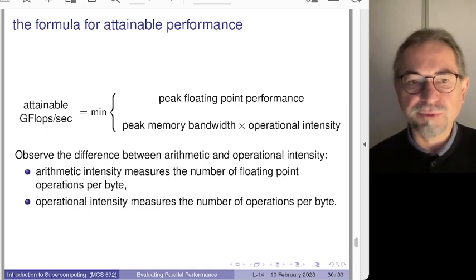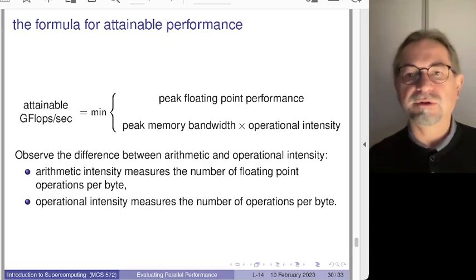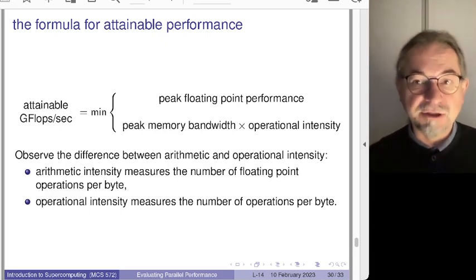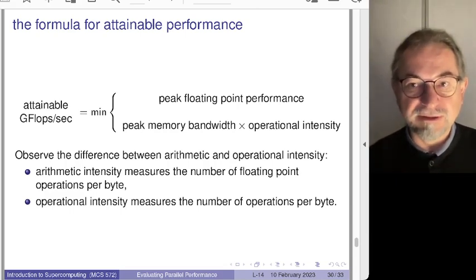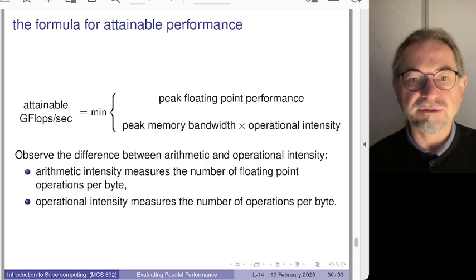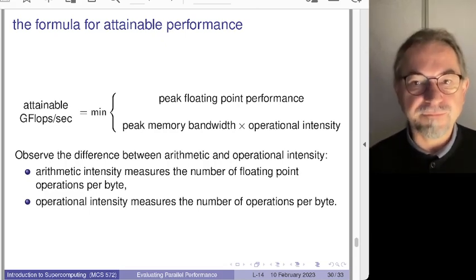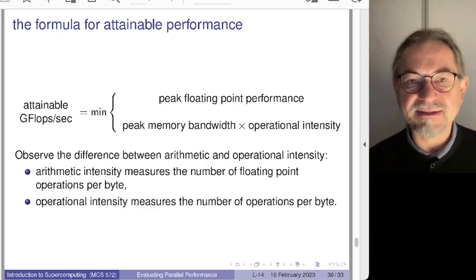In scientific computing, we tend to focus on the floating point operations only, but that leaves us a little bit at odds when we talk about parallel sorts. I mean, if you do a parallel sort, you don't actually do any floating point operations. And you still want to say something about the performance. So that's why the operational intensity is often preferred over arithmetic intensity.